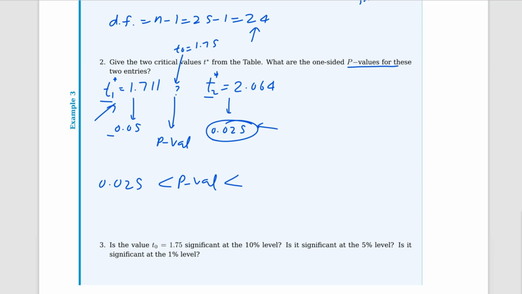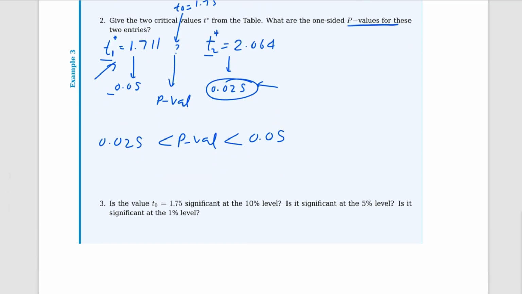Then in between 0.025 and 0.05. That is the p-value. Right. Now you should understand this. The p-value should be less than 0.05 and greater than 0.025. Okay, you need that for the next part.